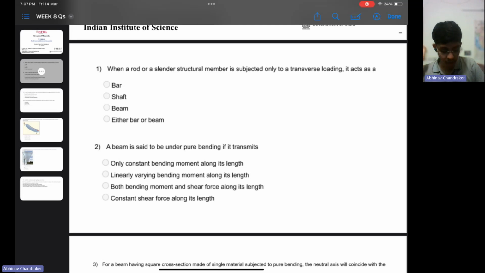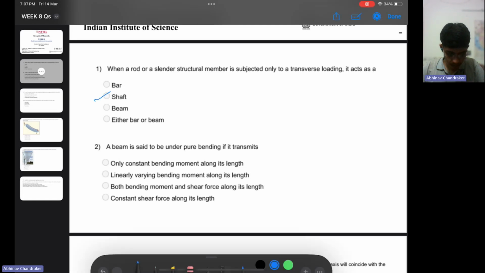If it's transverse, we call it a beam. And if it's torsional, we call it a shaft. So the correct answer will be beam.